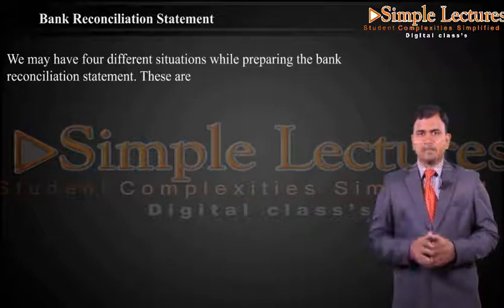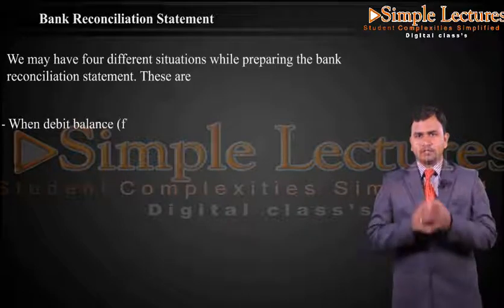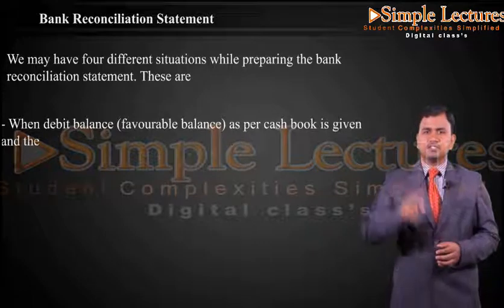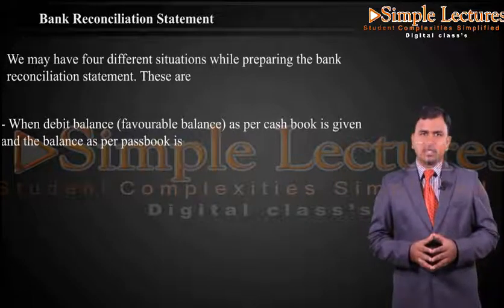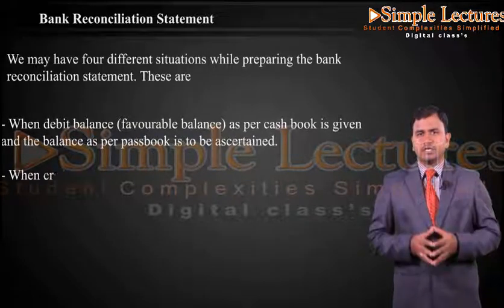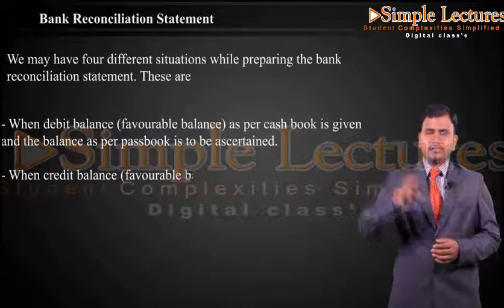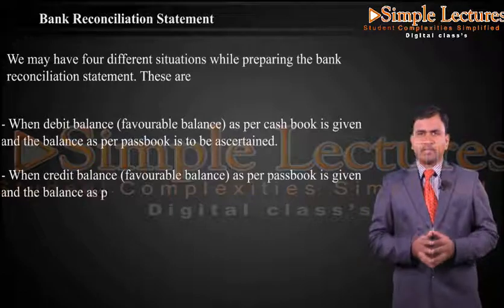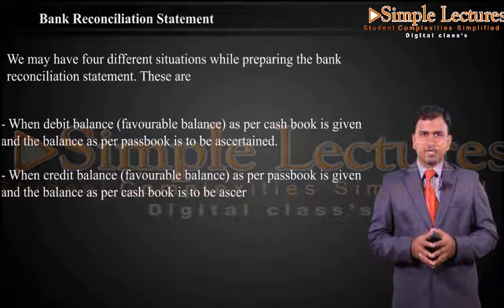These are: first, when debit balance, favorable balance as per the cash book is given and balance as per passbook is to be ascertained. The second condition is when credit balance, a favorable balance as per passbook is given and balance as per the cash book is to be ascertained.